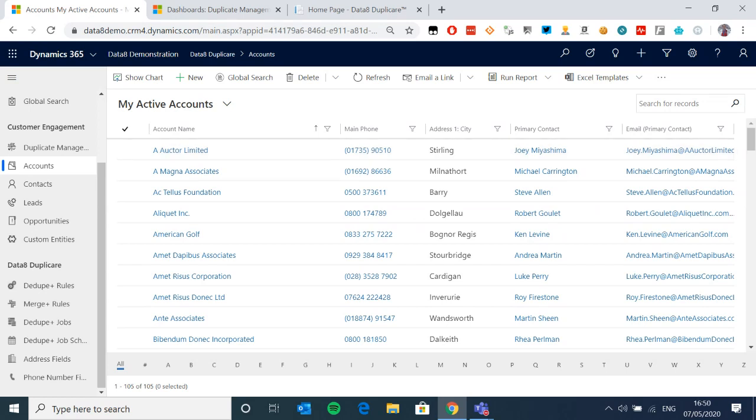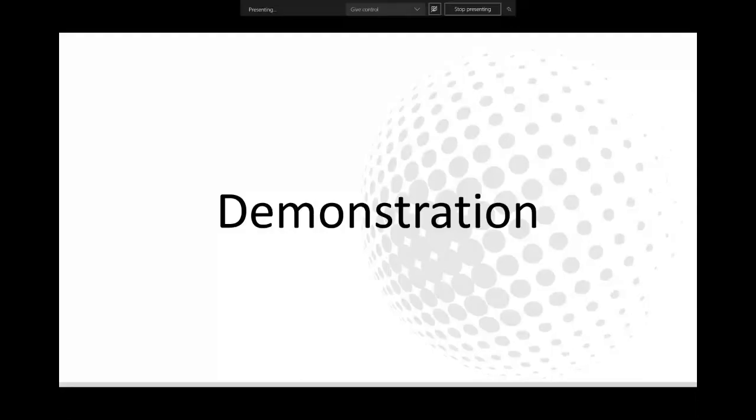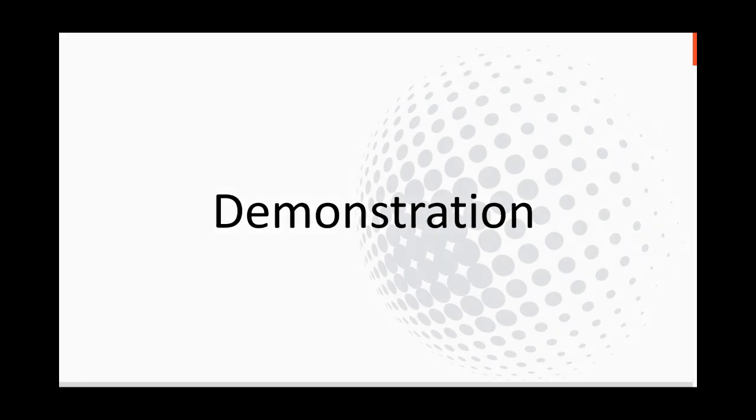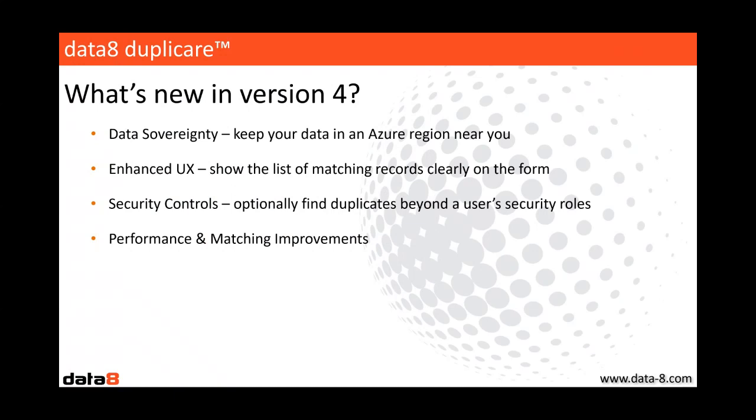So I just wanted to share a few final slides to wrap up. Just to reinforce some of the things Matt was saying about some of the new features for those on the call that are already Duplicare users, some of the things we're introducing today.